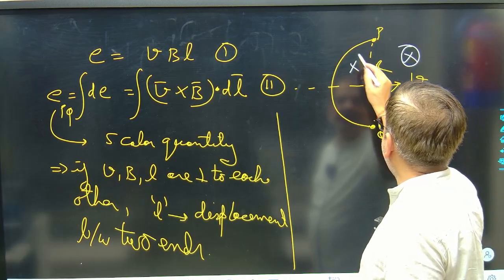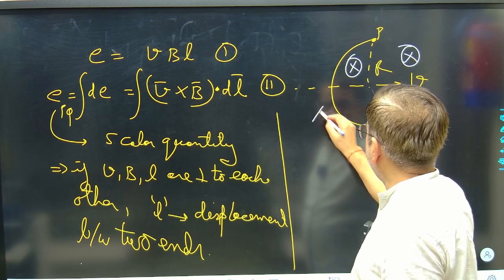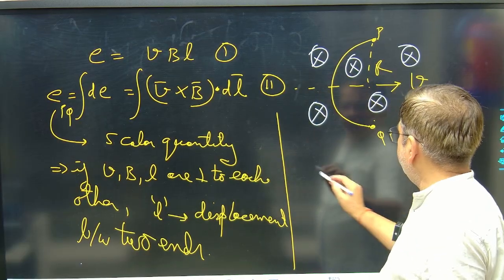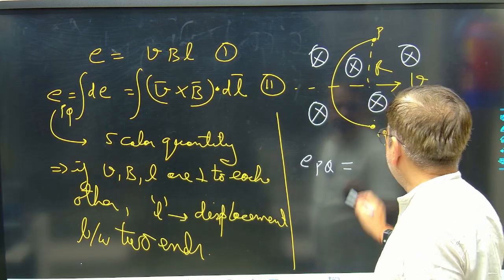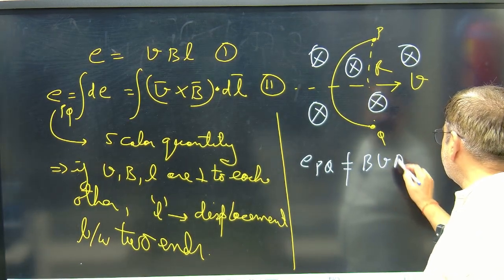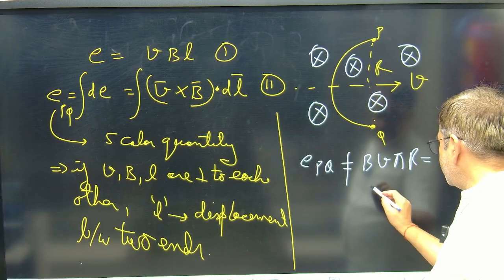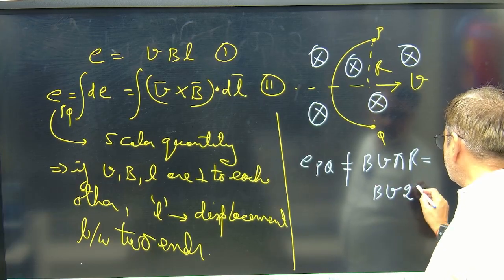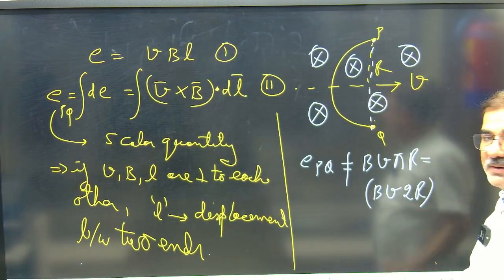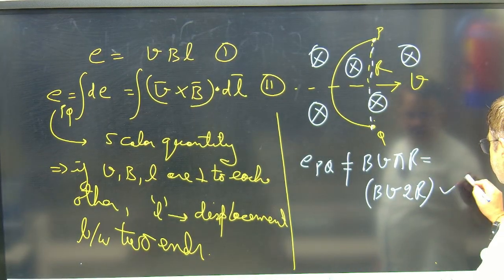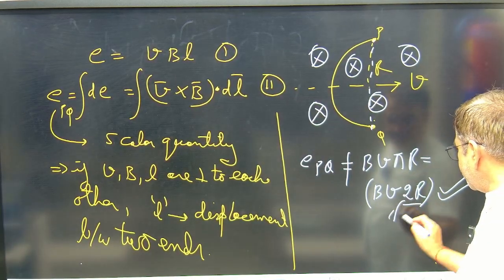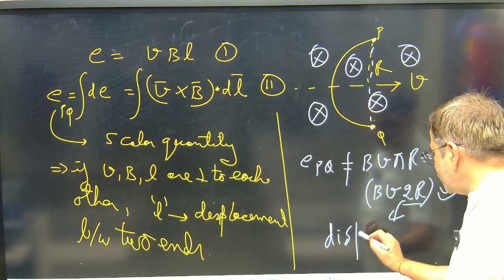Suppose there are these downward magnetic field lines present, so here the EMF across the end PQ is not B into V into pi R, but it is B V into 2R. The displacement vector we take across the two ends. The displacement vector we are using for finding the EMF. Please keep this in mind. 2R is displacement. That will be taken into account.